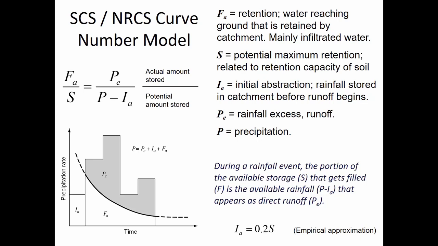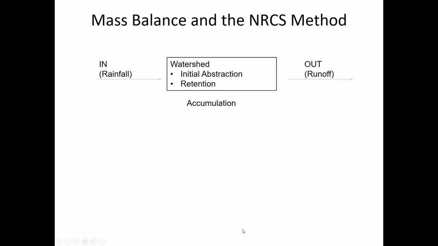So what they do is approximate the initial abstraction as 20% of the storage. I'll show you how we can calculate S, and then once you know S, as a starting point you would maybe assume that the initial abstraction is 20% of that.